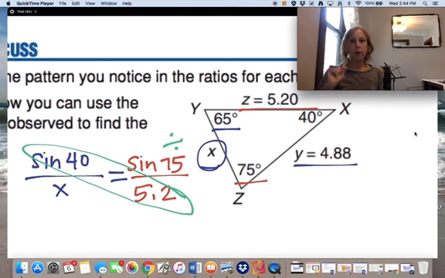I'm just going to hit divide. I'm not going to retype the product that I got, because then my answer won't be as accurate, since I'll have rounded it. And then I get an answer of 3.46. There are no units on there, but that is the length of x.